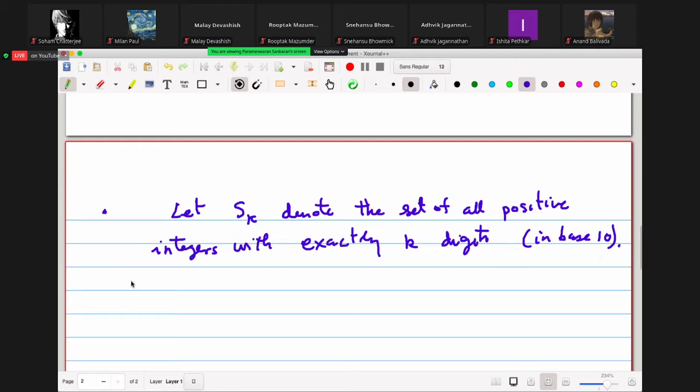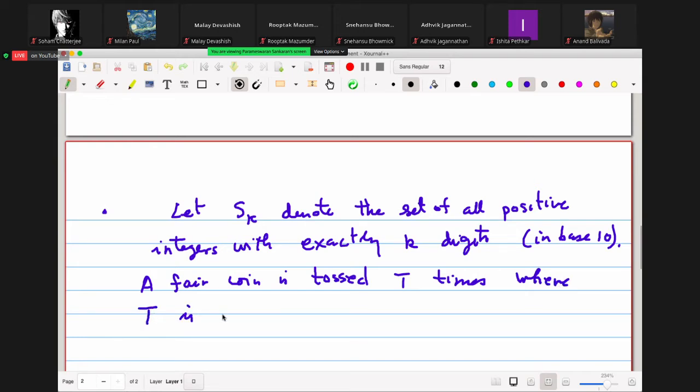So, a fair coin is tossed T times, where T is a random variable.